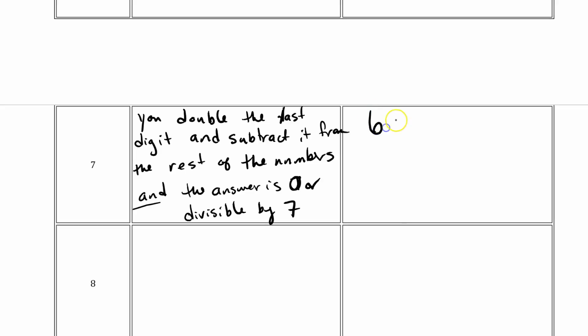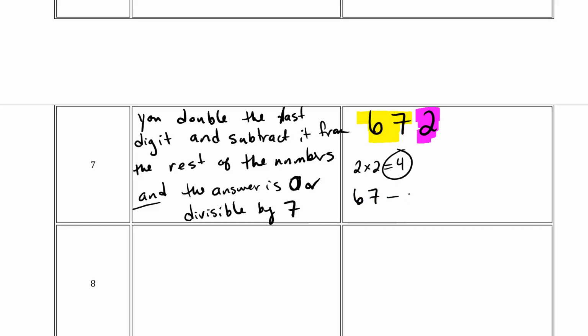So we have the number 672. We're going to compare the last digit, so our 2, with the rest, so the 6 and the 7. The last digit, 2, doubled is 4. So we take the 4 and we subtract it from the other numbers.